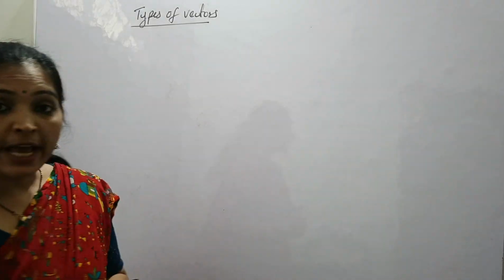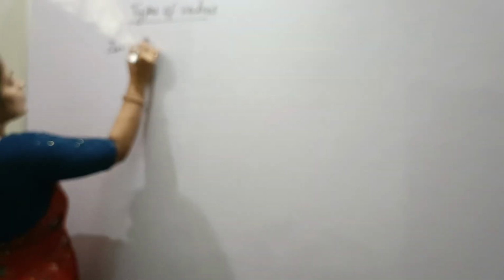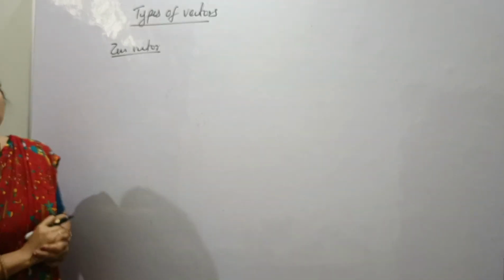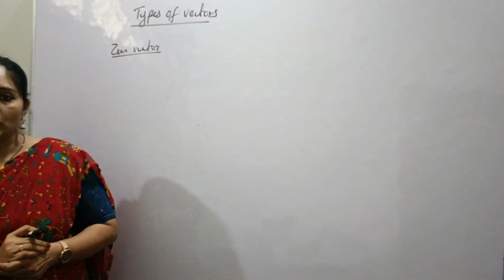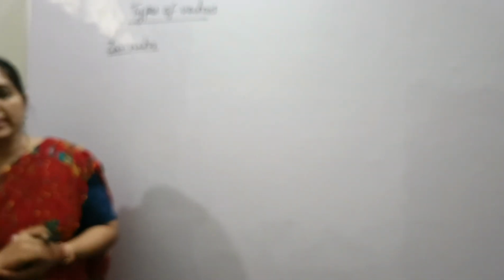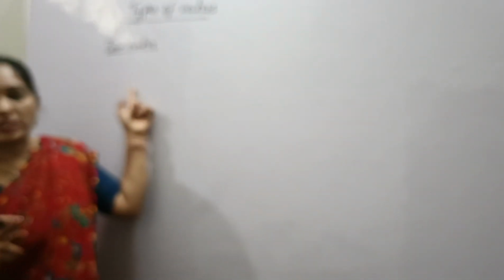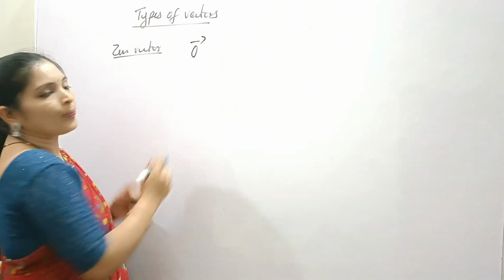Next we are going to study types of vectors. First one, zero vector. A vector which has magnitude 0 is called a zero vector or null vector, and it is denoted as vector 0.